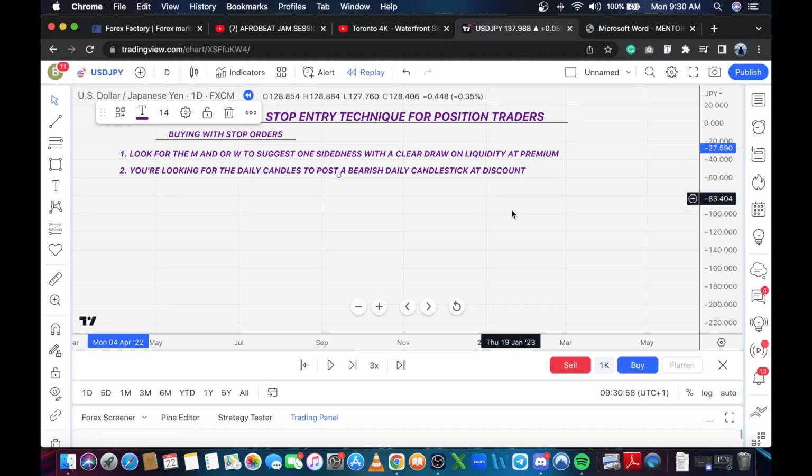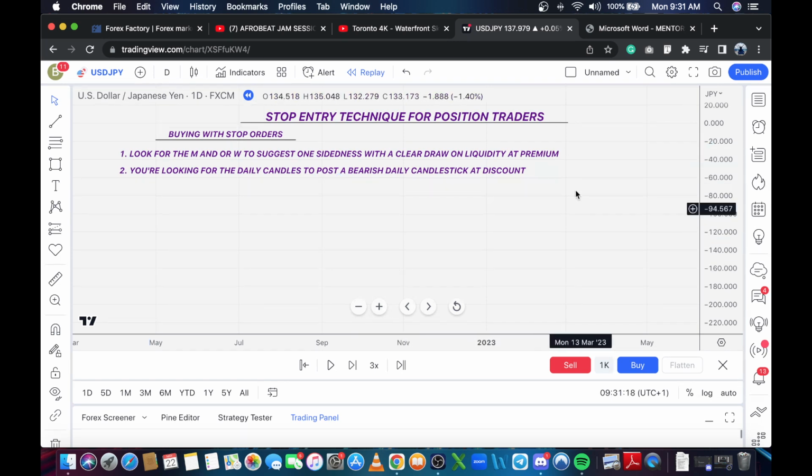Now, why specifically a down candle at discount? Remember, in a bullish order flow, a down candle indicates institutional accumulation, and vice versa for a bearish order flow, up candles indicate institutional distribution. Okay, so if you see a down candle at your discount array, that is an indication that institutions are providing buy side liquidity to the funds.